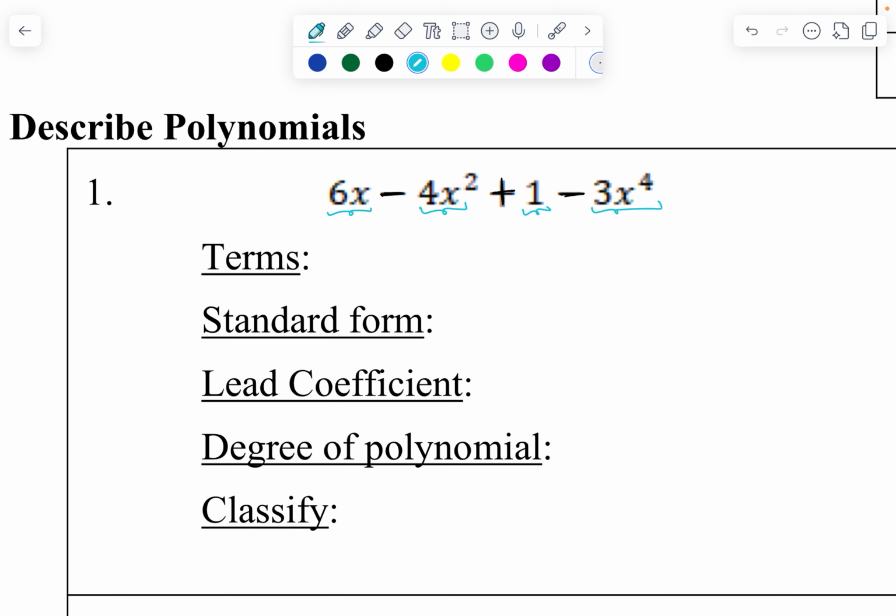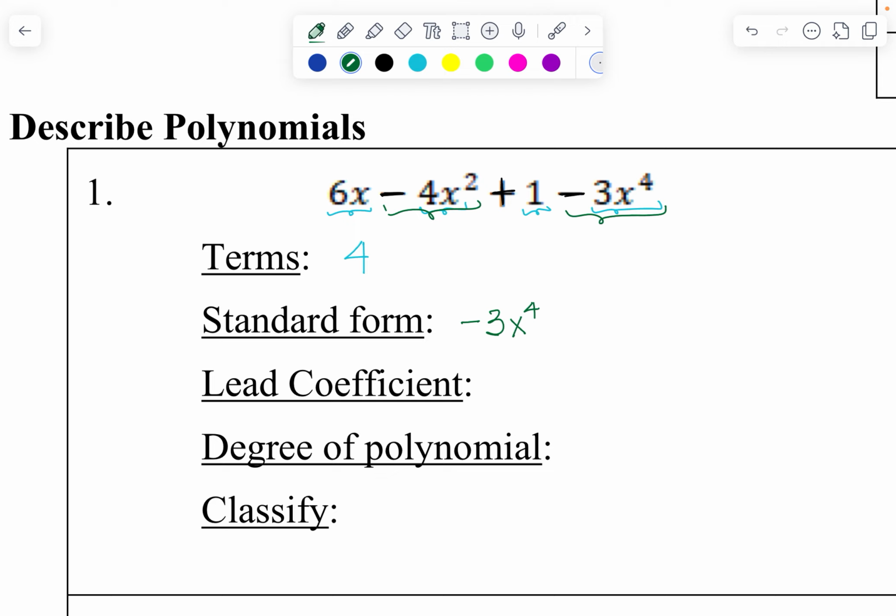4 terms. The standard form to this, remember, standard form is when your exponents are written from greatest to least in descending order. We're going to focus on the exponents. So we've got this negative 3x to the 4th. Notice how I'm taking the sign with it, the sign in front of it, negative 3x to the 4th.